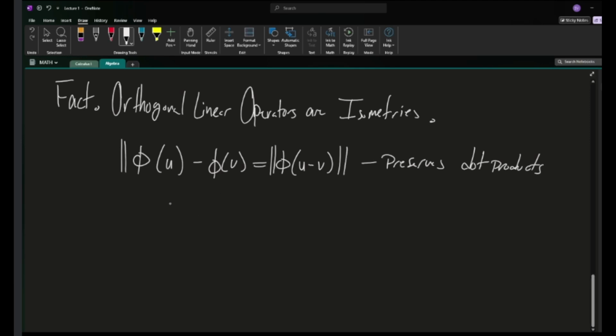And we also have translations of vectors, which could be an isometry, but they aren't linear operators.